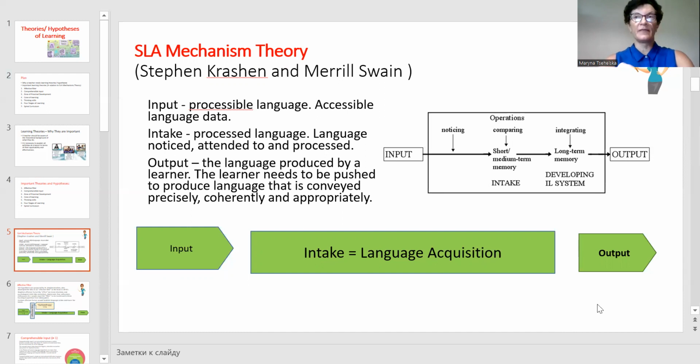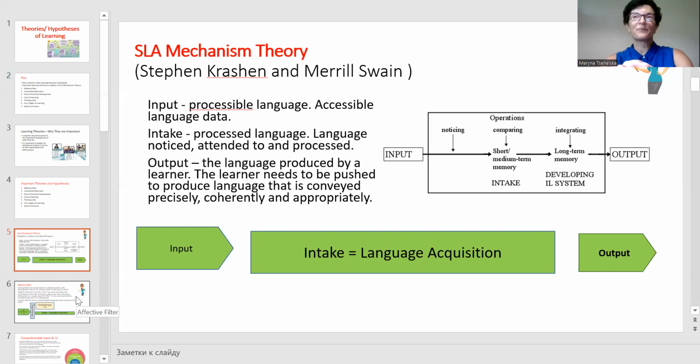And here, in the output stage, it's what our learners are able to put out. So what language they can produce, and what language they can convey precisely, coherently, and appropriately. So input, intake, processing, and then output, what we can get out.